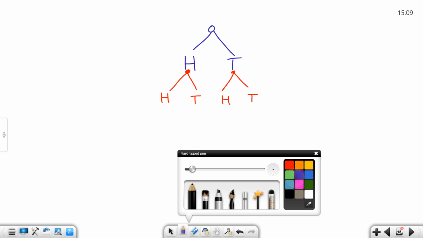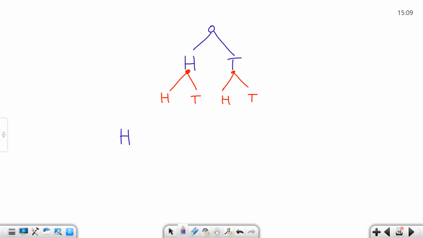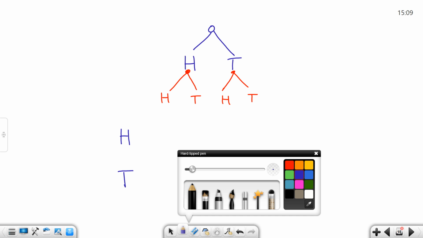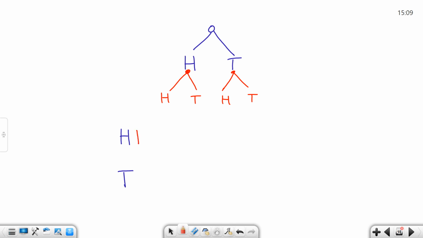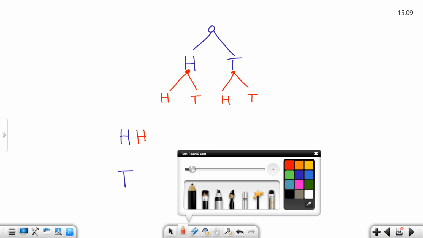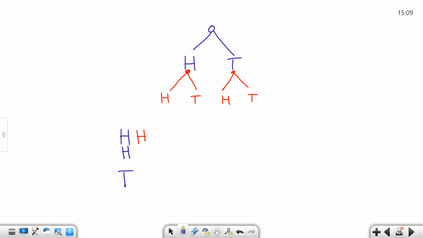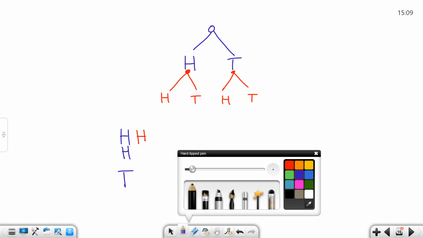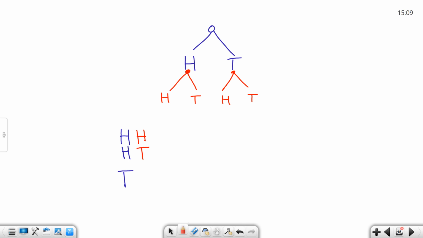I can get a blue head, or I can get a blue tail. With the head, I can get another head, or I can get another tail.